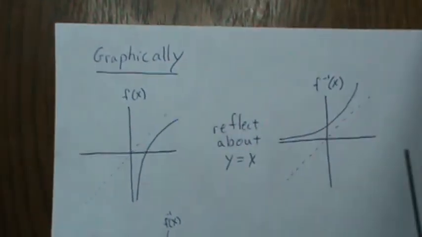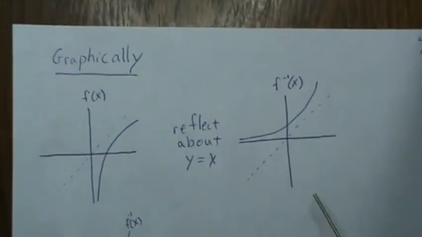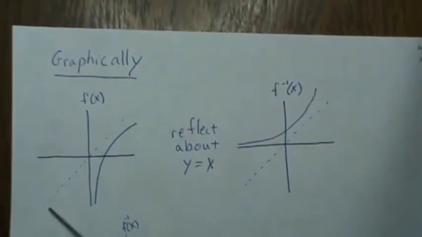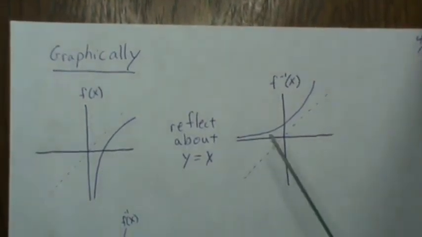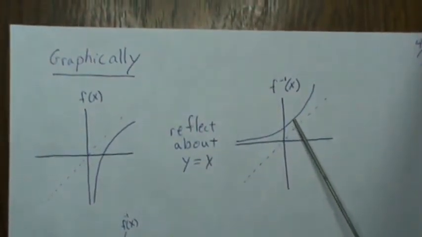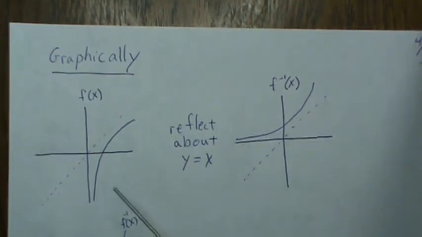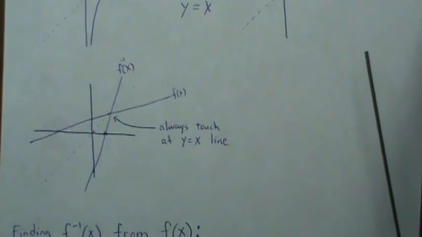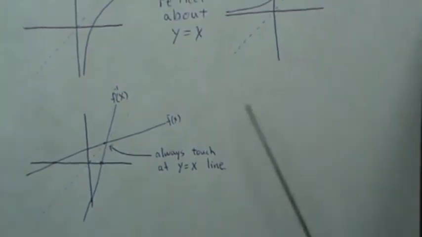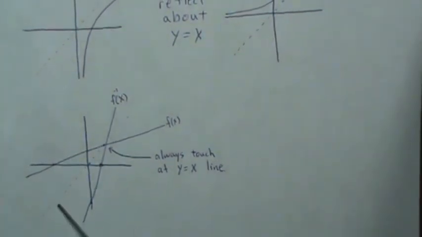And as I said earlier, graphically, inverses are reflections about this y equals x line. So this is the inverse of this function, and this function is the inverse of that function. And they don't have to be totally on one side of the y equals x line.